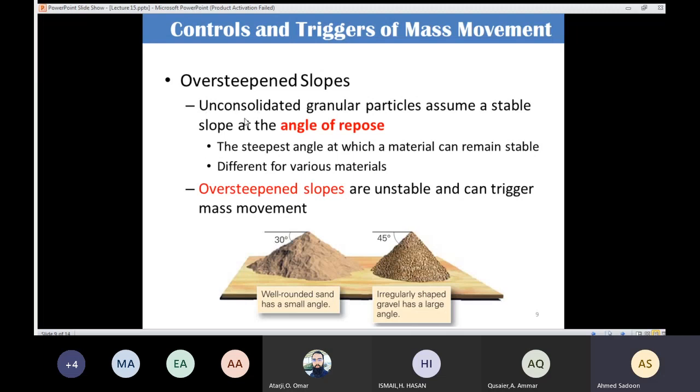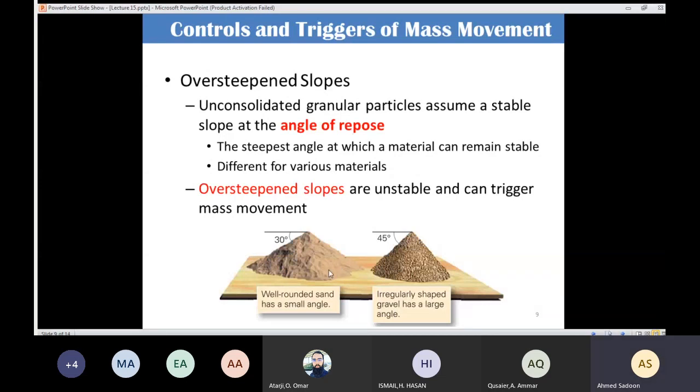And if you have unconsolidated granular particles like this one, which means that the soil is not compacted, we are going to assume a stable slope at a certain angle. And that angle is the angle of repose. So at the angle of repose, the slope of the material is going to be stable.